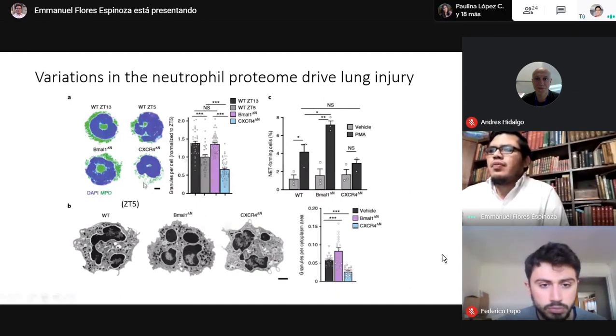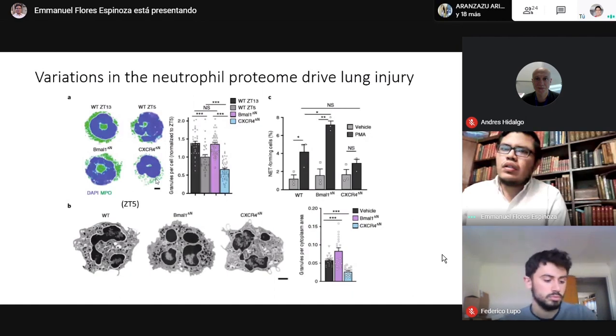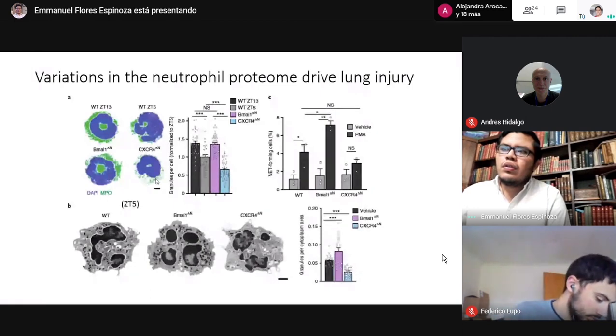Before you continue, I was wondering what happens if you continue this, because we're only seeing 2 hours here in NET formation, but maybe these old neutrophils that cannot produce many NETs are just recreating young neutrophils, and maybe after some hours, I don't know how fast, the NET formation reaches a peak.